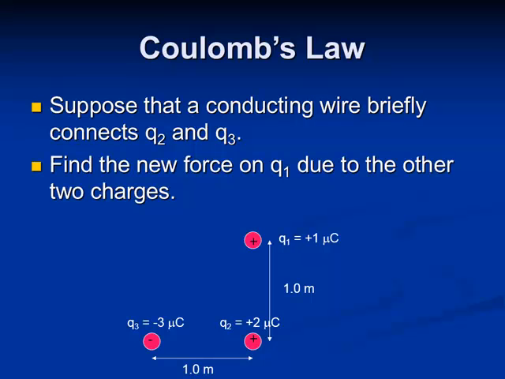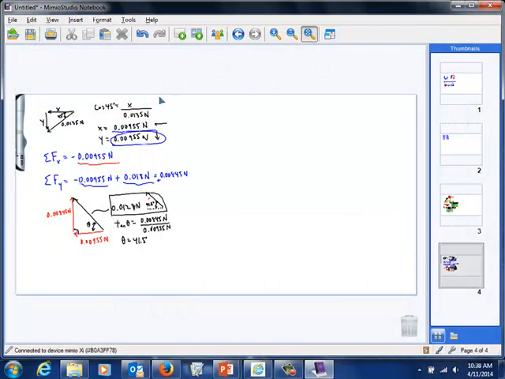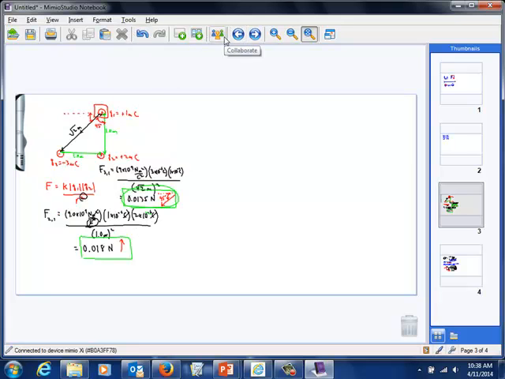We're not going to calculate this one the whole way out, but we are going to talk about how you would approach it. So let's go back to our picture. Here's what we're saying. We're connecting this charge to that charge with the wire.